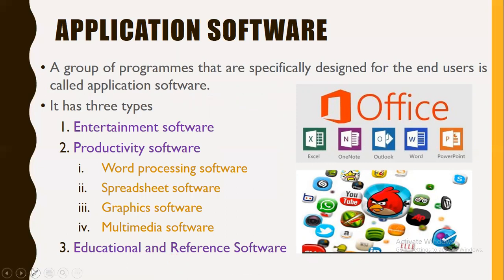An application software is a group of programs that are specifically designed for the end users like us. It means that these are the special programs that are designed for the users to perform a specific task.